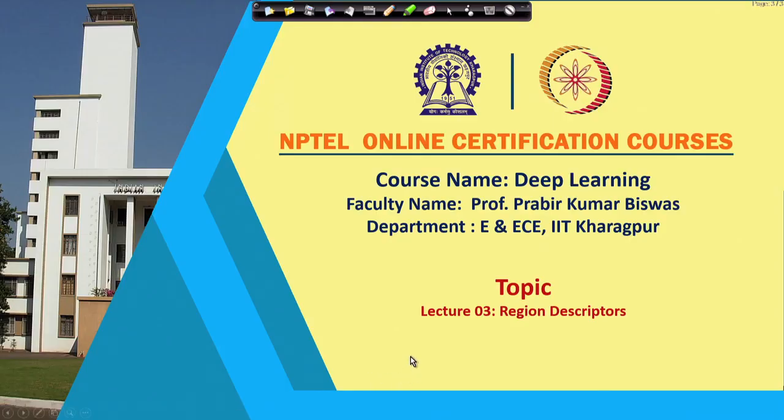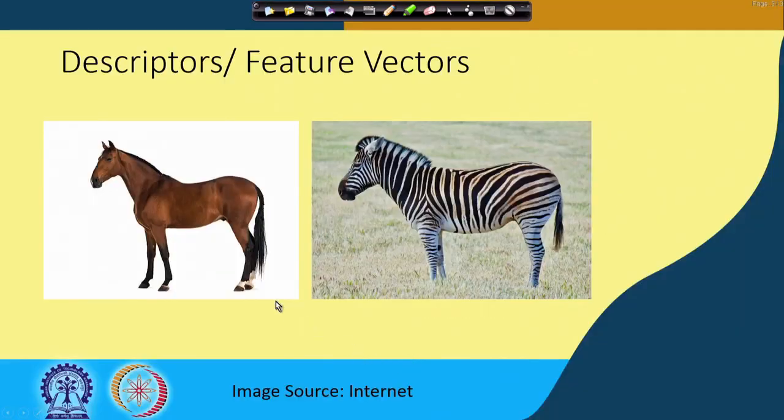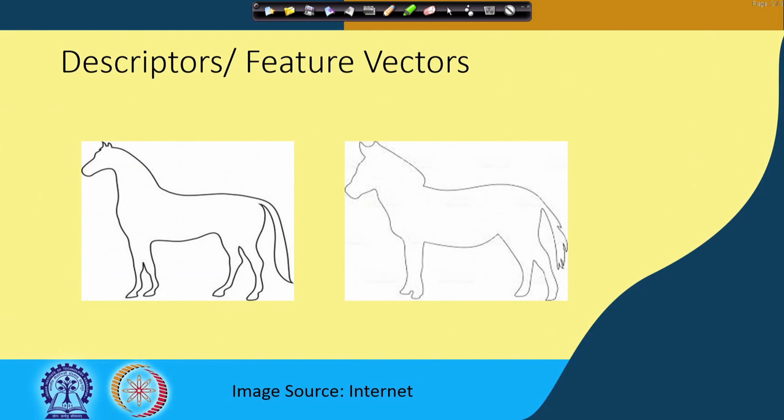In the previous class, I showed you two figures, one of a horse and one of a zebra, and we said that the shapes of those two animals are similar, so this shape information is not really sufficient to distinguish between a horse and a zebra.